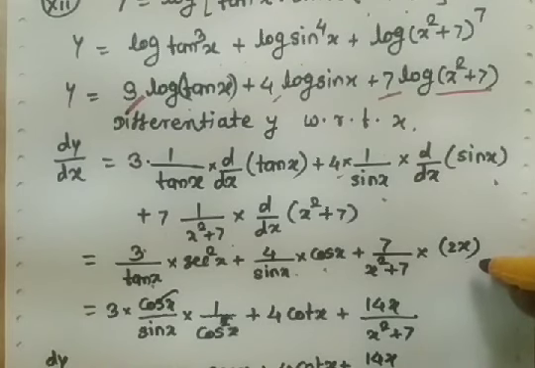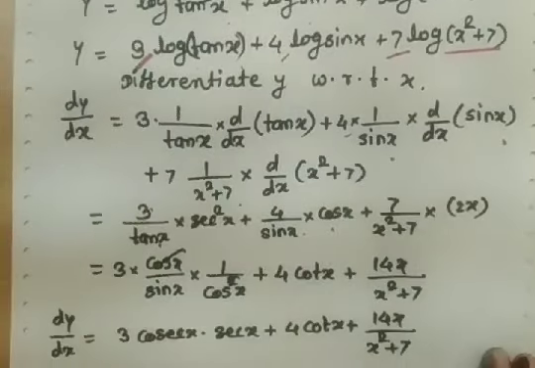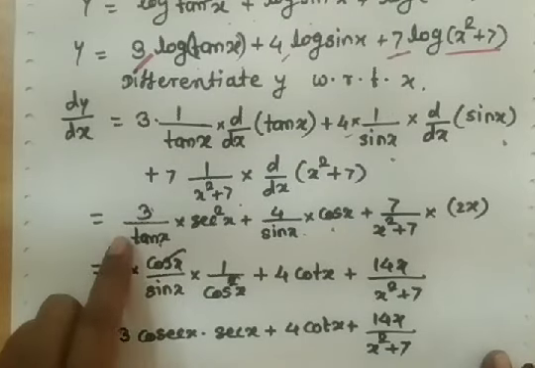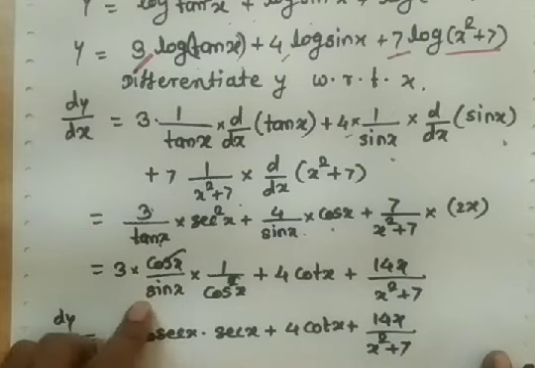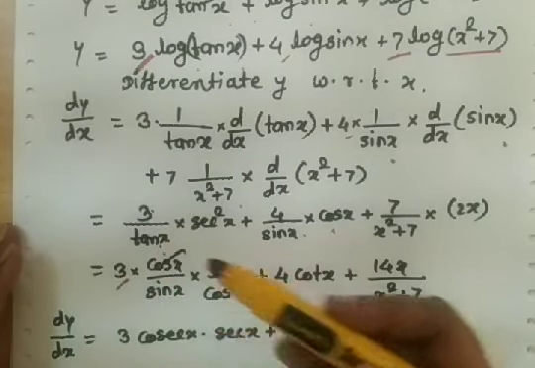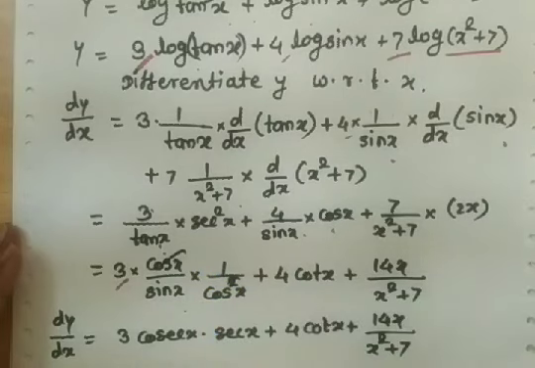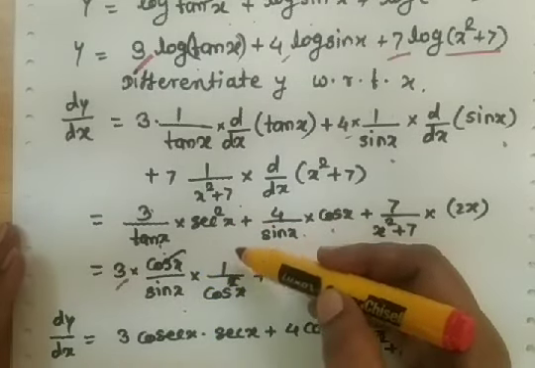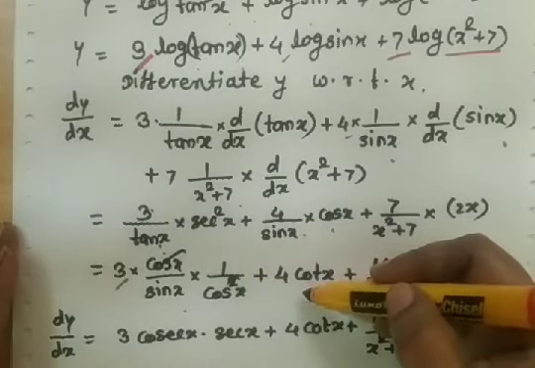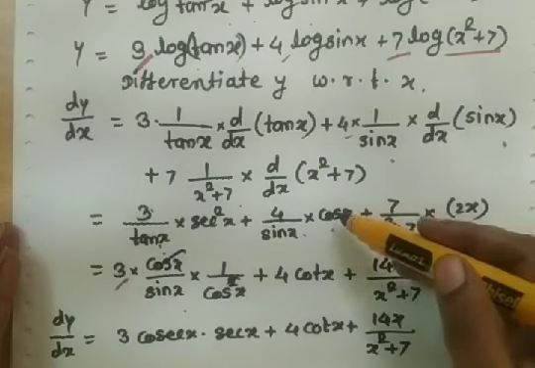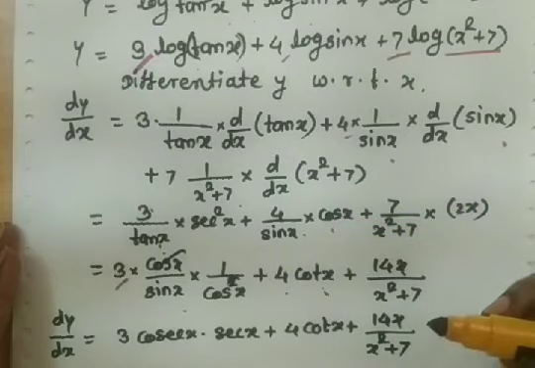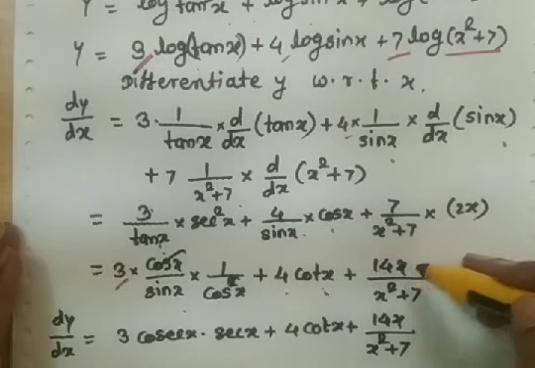On simplifying, 3 keep as it is, 1 upon tan means cot, and cot means cos upon sin, into sec square of x, which is 1 upon cos square of x, plus 4 into cos upon sin, which means cot of x, plus 7 into 2 is 14x divided by x square plus 1.